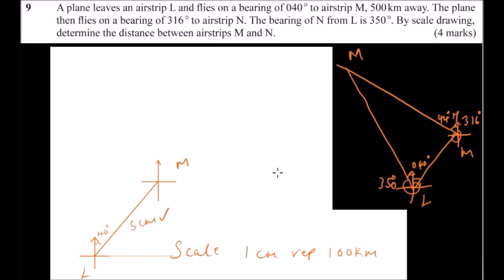Then I have drawn a compass at that point where I have measured 5 centimeters. And to make it easier, I have extended this line here, so that at that point, using a protractor, I'll be able to plot a vertical line, which is going to give me 90 degrees.